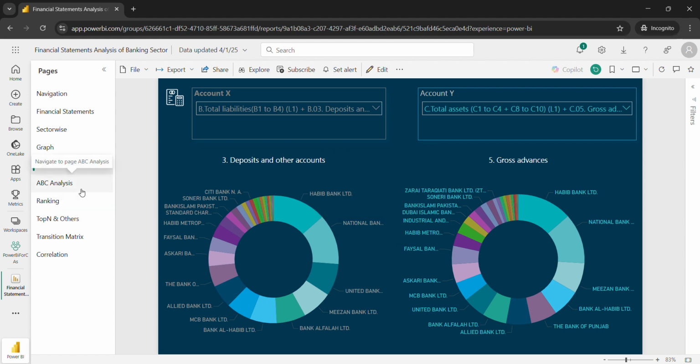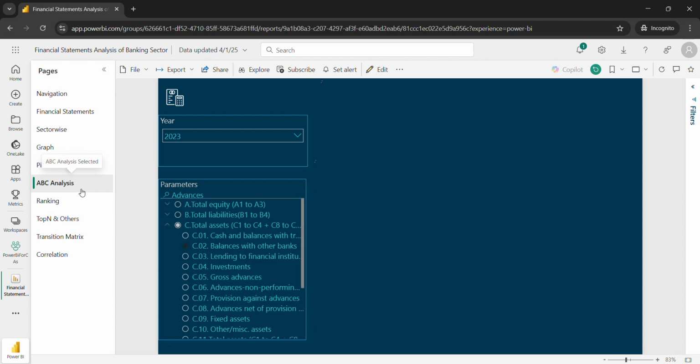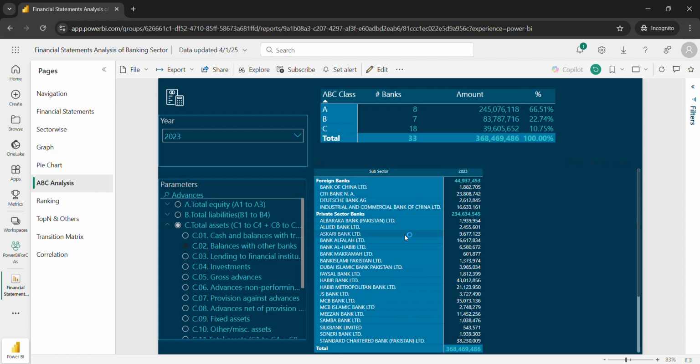Let's talk about the ABC analysis. This is a very good analysis. It consolidates the results of the top performing banks up to 70%, which conforms to 70% of the industry, and the banks contributing the next 20% go into B, and the remaining 10% is consolidated into the C category.